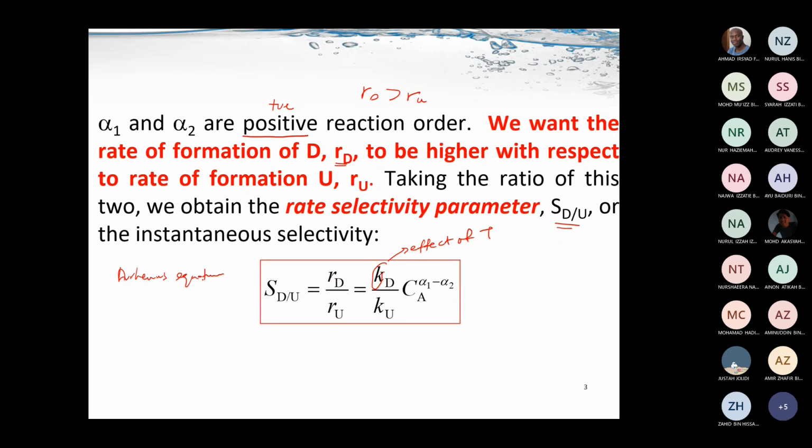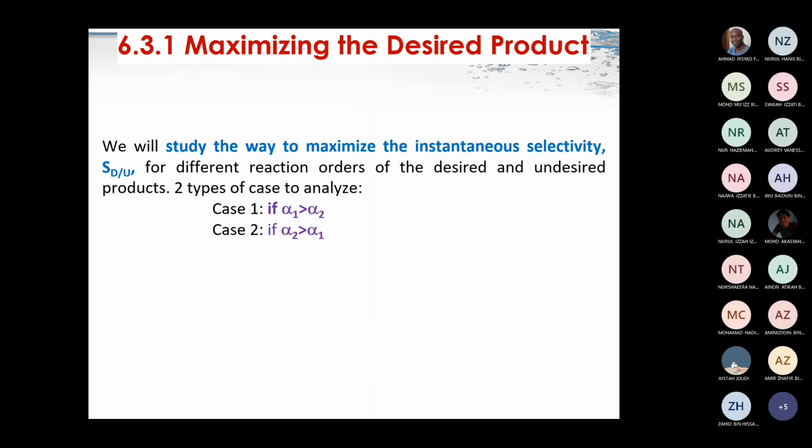Previously we only concentrated on the selectivity based on the effect of concentration. Now, for today, we are looking at the temperature perspective also. So CA to the power of alpha 1 minus alpha 2, where alpha 1 is for the desired and alpha 2 is for the undesired, then maximizing the desired product.